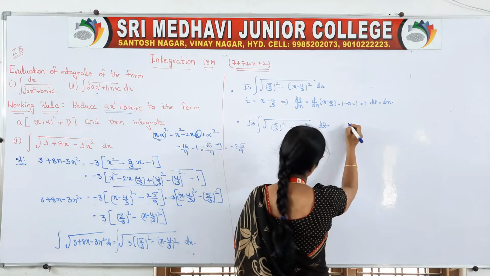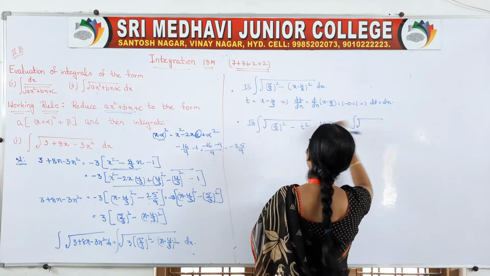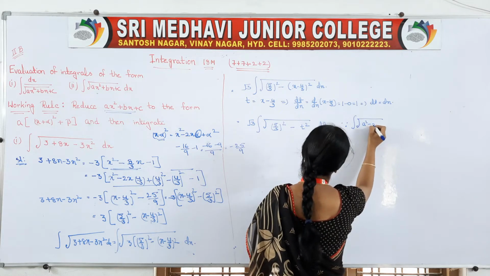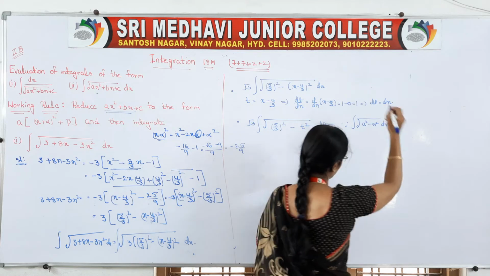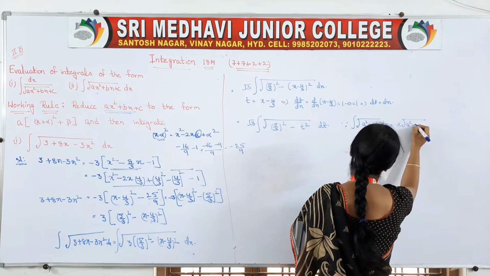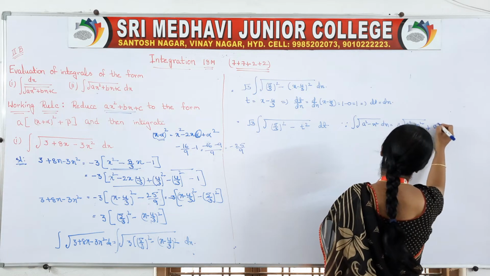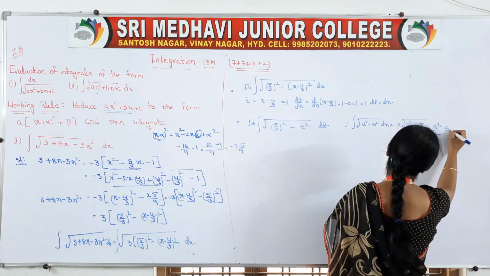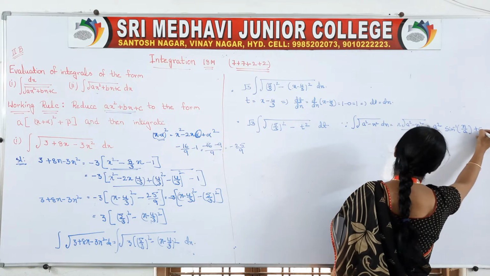Which form? There is one formula: integral root of a² minus x² dx is equal to x into root of a² minus x² by 2, plus a² by 2 sine inverse x by a, plus c.